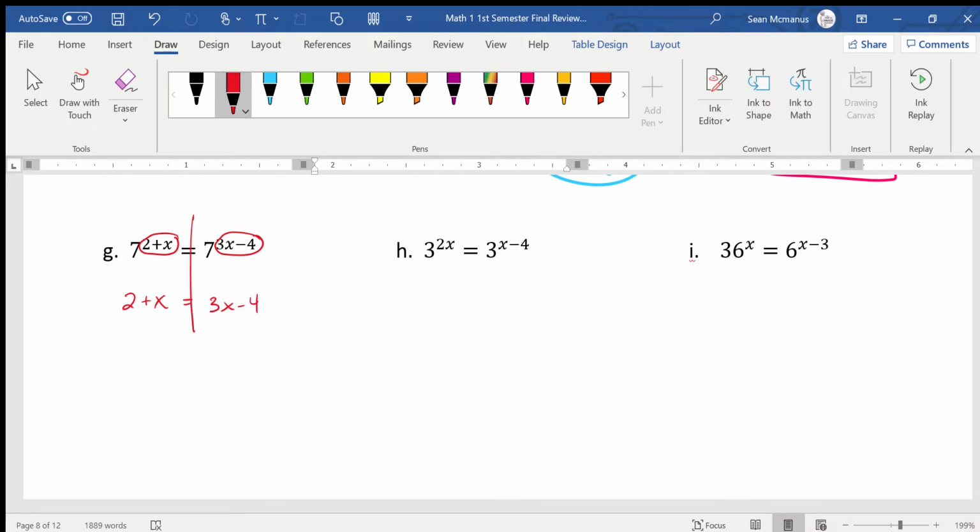Right? And so once I get to that point, it's really just solving like I always have. So I'm going to go ahead and subtract x from both sides. Add 4, go away, same thing here. So 2x equals negative 2, and so my x is negative 1.